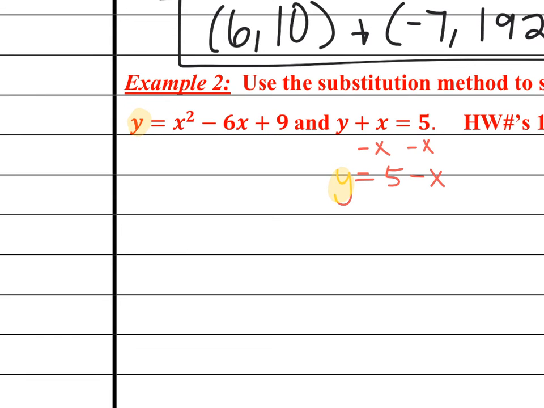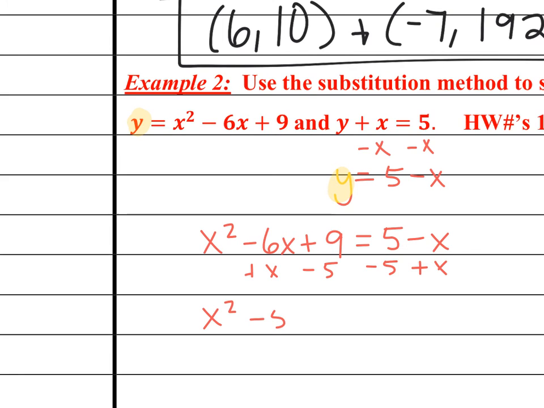So our new equation will be x squared minus 6x plus 9 is equal to 5 minus x. If we subtract 5 and add x, we get x squared minus 5x plus 4 is equal to 0.